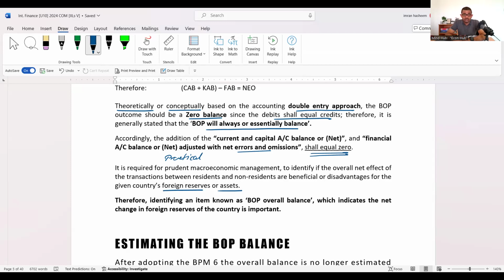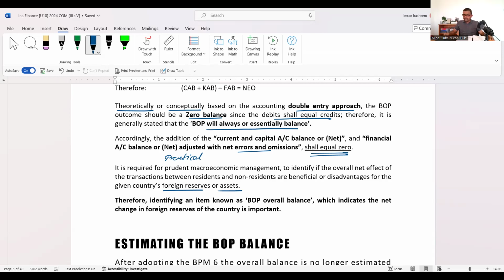Not only that, many things are affected when our reserves, foreign reserves, especially official foreign reserves, increase and decrease. So there is a macroeconomic management need for us to know, yes, the BOP will balance, but we need to know what is actually happening to our foreign reserves.